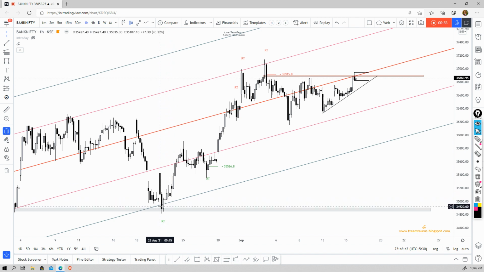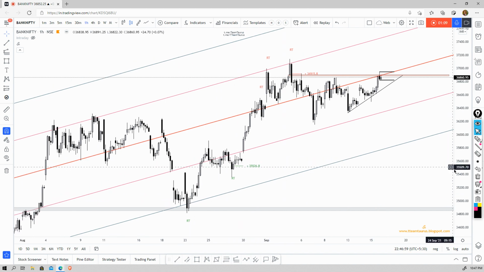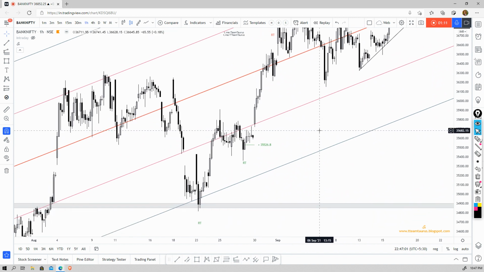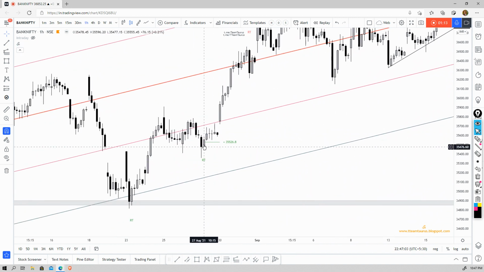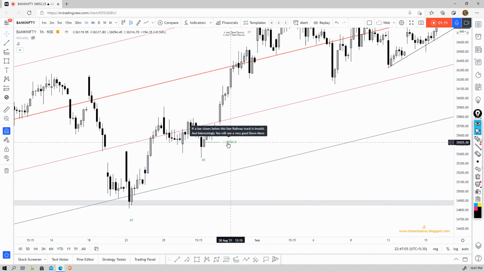You need to wait until the bar that RT has formed is closed, and you will only get the signal once the bar is closed. Once the bar is closed, the next bar will obviously come down to retest the level. Once the bar is formed, you will get a line like this, and the price will come down to retest this level.